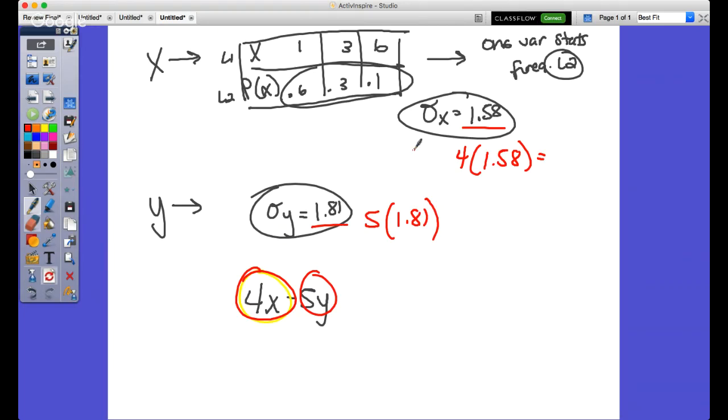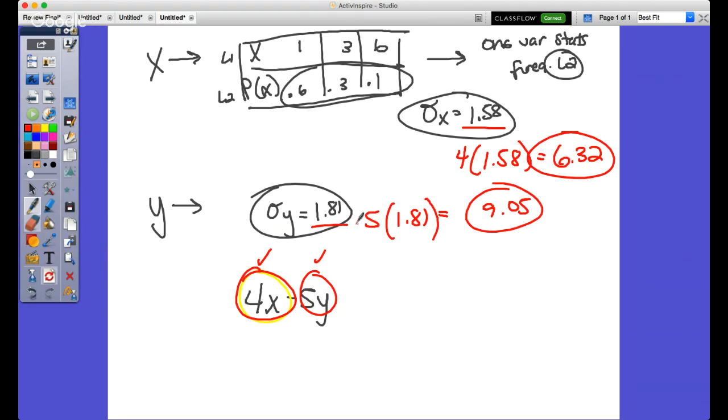So 4 times 1.58 gives 6.32, and 5 times 1.81 gives 9.05. Right now I did it separately, multiplying 4 with X and 5 with Y.